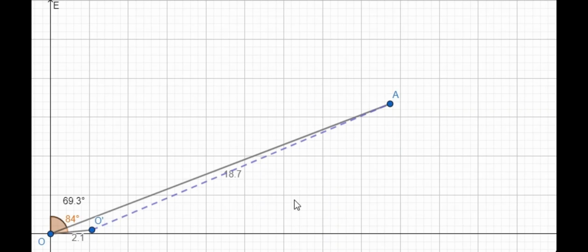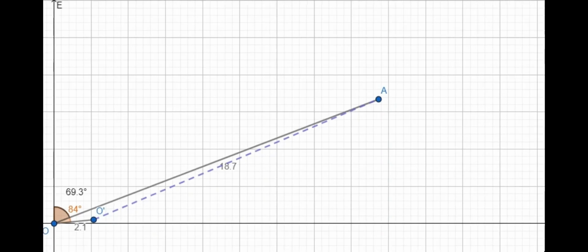Now this blue line O dash A is your output line. Now we have to draw a line parallel to the x-axis through O dash. After that we have to bisect O dash A by the perpendicular bisector method.